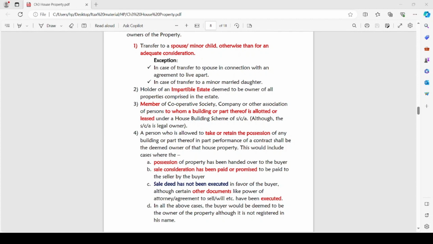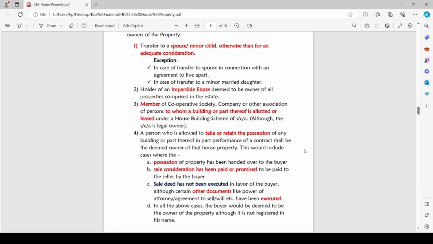The sale deed has not been executed yet in favor of the buyer, but certain other documents like power of attorney or agreement to sell or will, etc. have been executed. Though the sale deed has not been executed, the other documentation has been executed. In such a case, the buyer will be deemed owner of the property. In all the above cases, the buyer would be deemed to be the owner of the property, although it is not registered in his name.